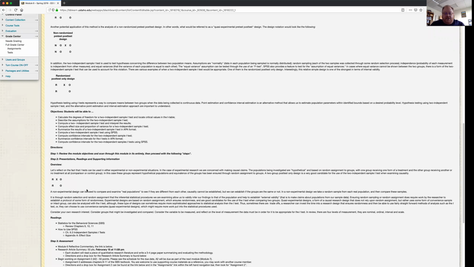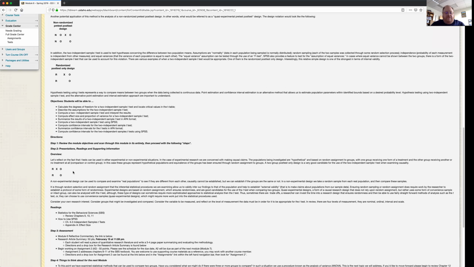In this case, these groups represent hypothetical populations, and equivalence of the groups has been ensured through random assignment to groups. A two-group post-test only design is a very good candidate for the use of the two independent sample t-test when examining causality. And there you have that two-group post-test only design.